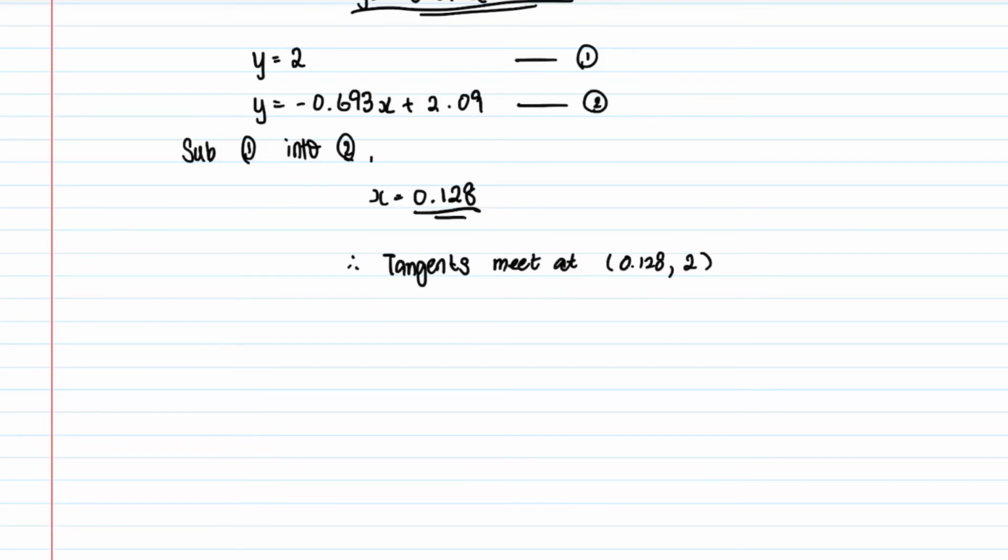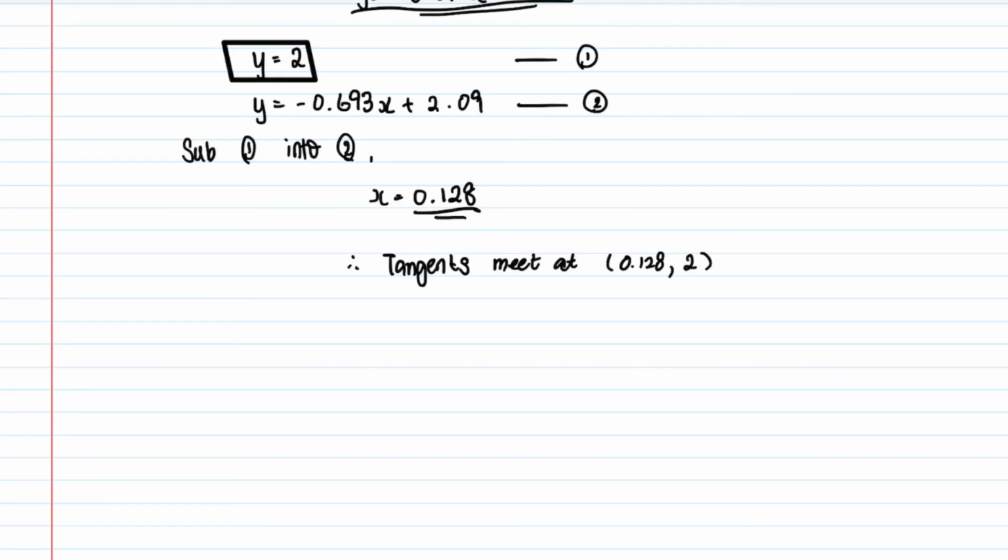Reason being that you need to find what your y value is. Usually when you do this kind of question, you will always go and sub x into your equation again to find what the y value is. But over here it's very simple. It is very obvious here that the two tangents are going to cut at this point y equals to 2, because that is going to be one of your tangent equations. So even if you sub x equals to 0.128 back into your second y equation, you're going to get back the same value of 2.